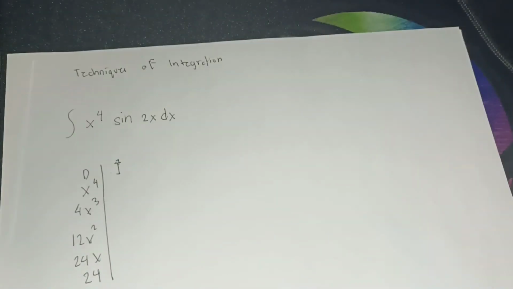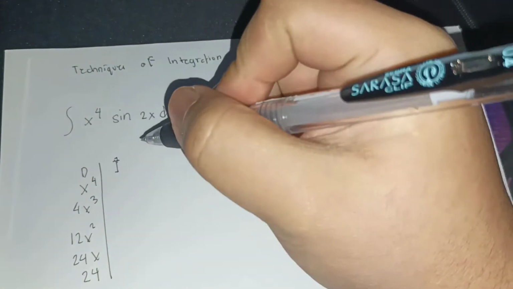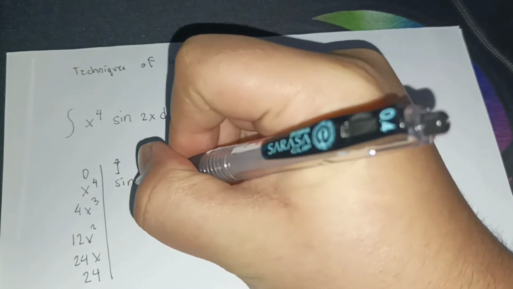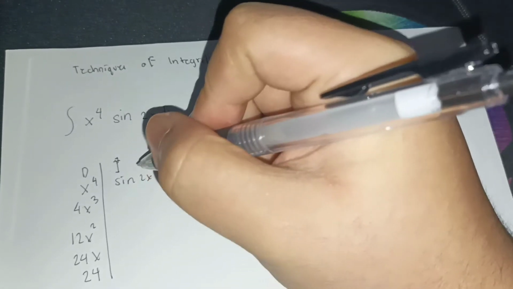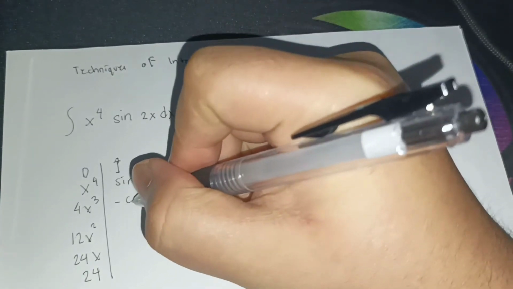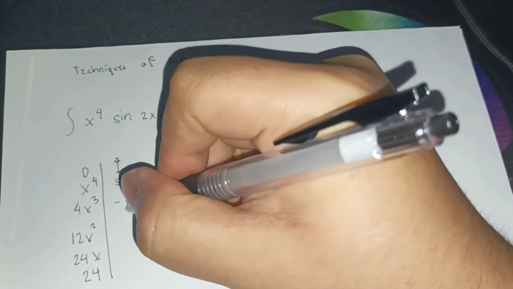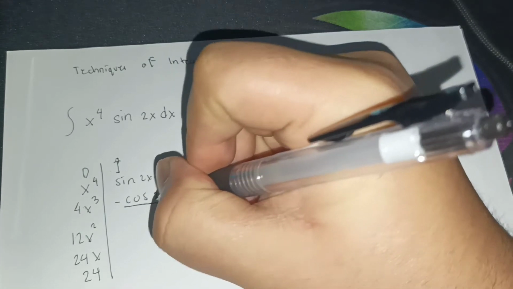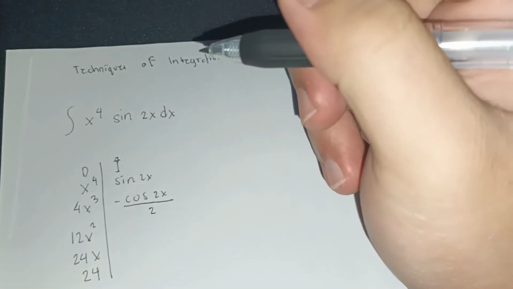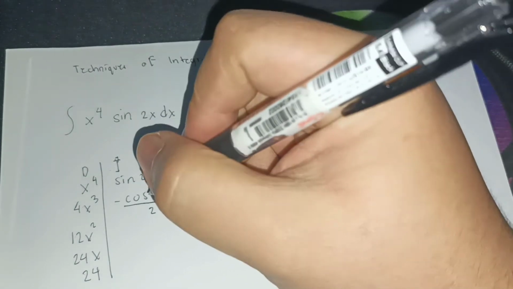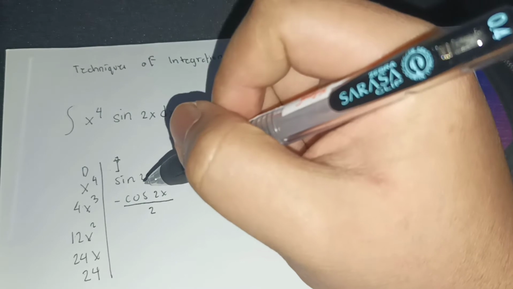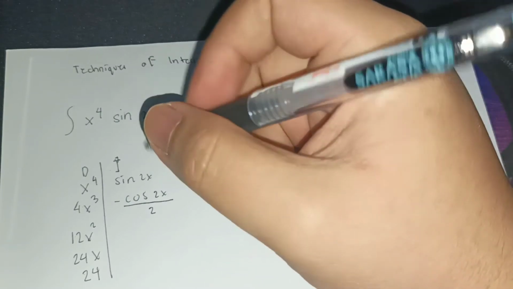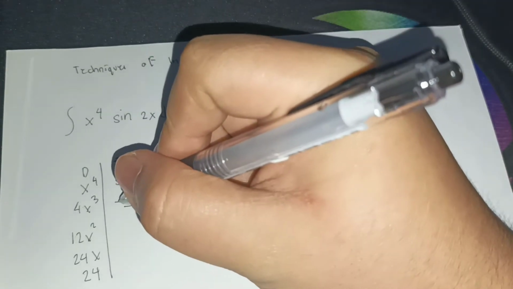In the meantime, place the sine here, sine 2x, and then integrate sine 2x equals negative cosine 2x over 2. After that, we can multiply cosine 2x by negative 1/2 here.